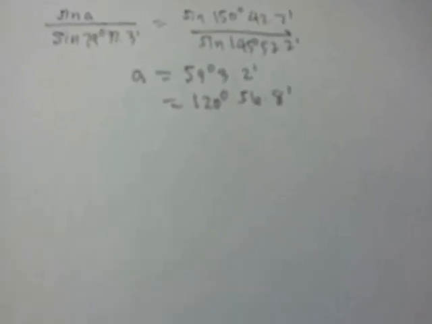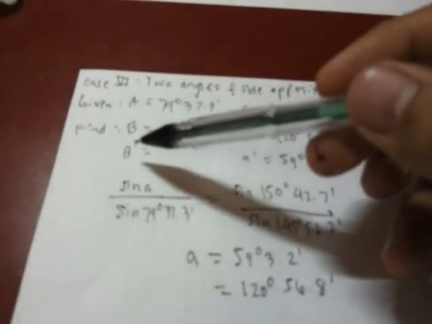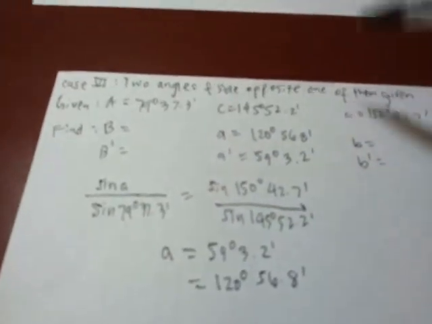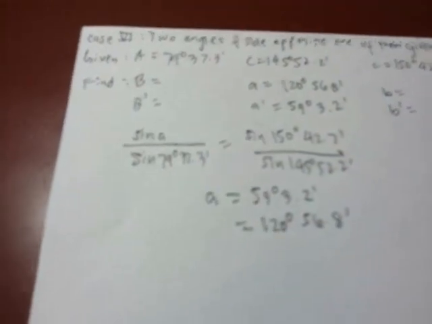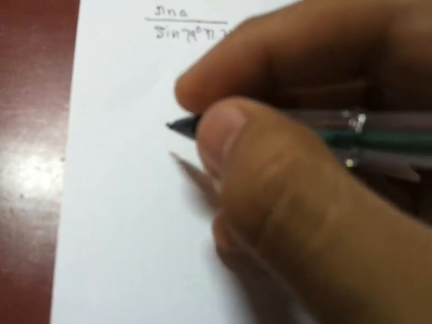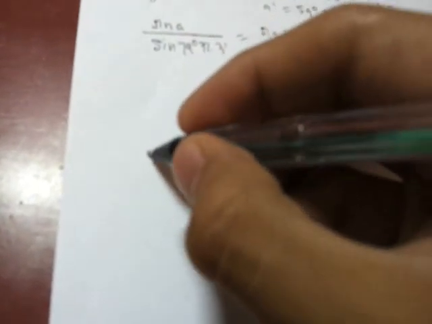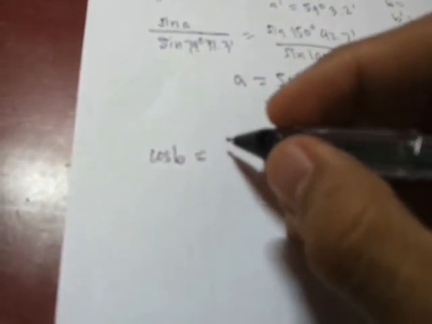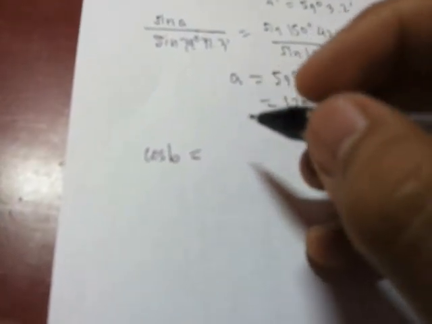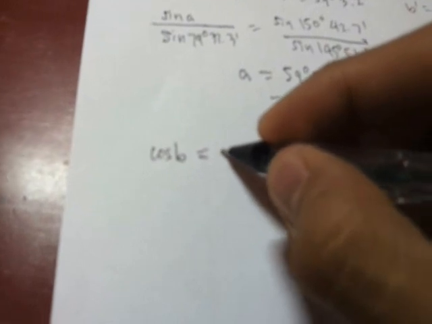Okay, let's now proceed. I want to use this first set. So let's use the law of cosines for angles, so that we'll be able to look for the side B, and then be familiar with the formula.